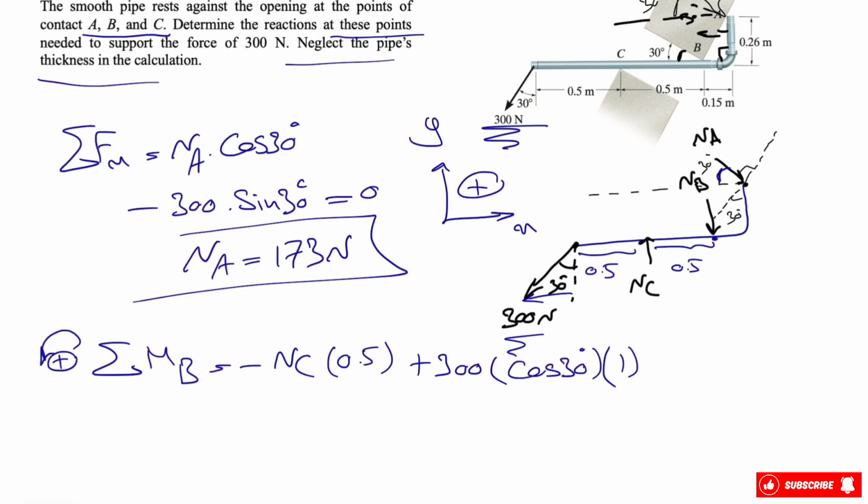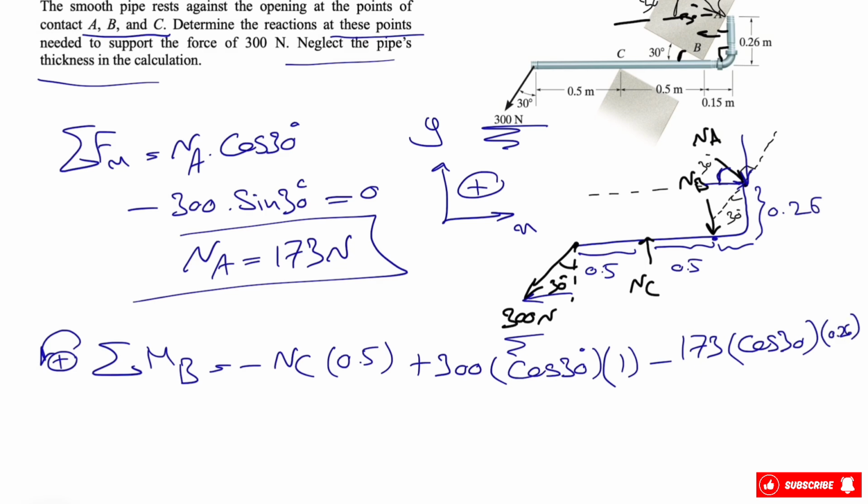And if we look at it, we'll see that both the X and Y components of NA are making a clockwise moment, so it will be negative. So we have minus NA, 173 times the X component, 173 cosine of 30 degrees, and the distance will be what we have in here, which is 0.26.